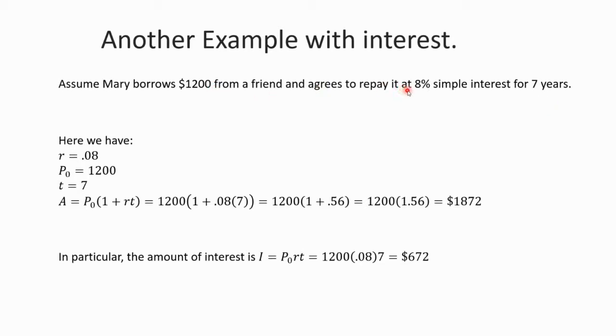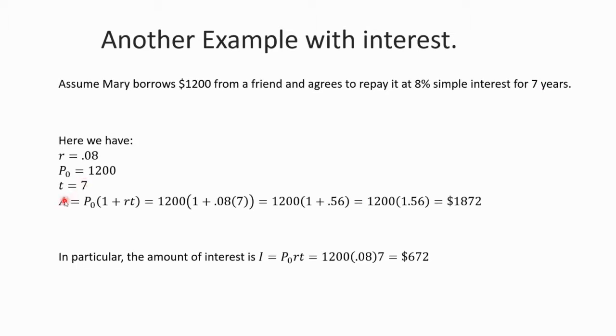Our R here is 0.08, right? This is the APR, which is our percent. So R is 0.08. The initial balance is 1,200. That's our P0. This loan is going on for 7 years, as you can see.